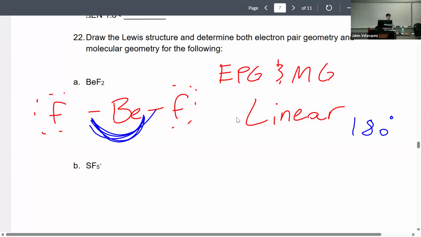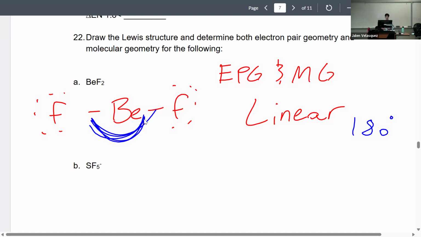So make sure you memorize all of the shapes of the VSEPR chart, and in terms of the angles, all of the angles for the electron pair geometries, and then just select two of the molecular geometries, right? Any questions with part A for BeF2?